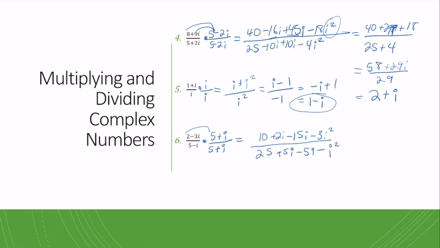So I've got 10 minus 13i plus 3 over 25 plus 1. That gives me 13 minus 13i over 26. And I can pull out a factor of 13. That gives me 1 minus i over 2 is my fully simplified answer.